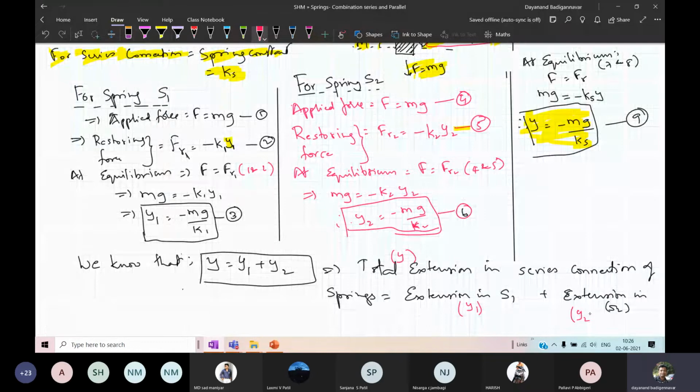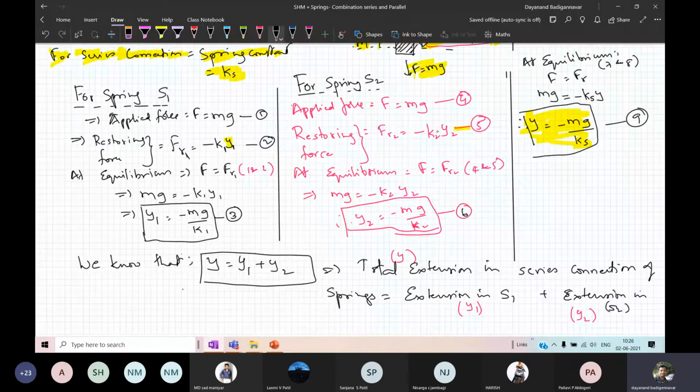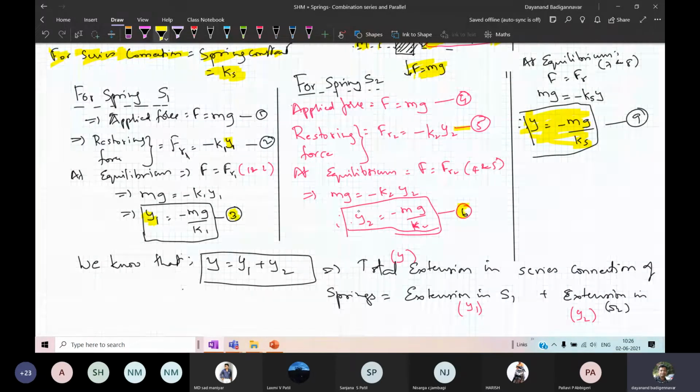Now from equation 3, I can get Y1. From equation number 6, I get Y2.